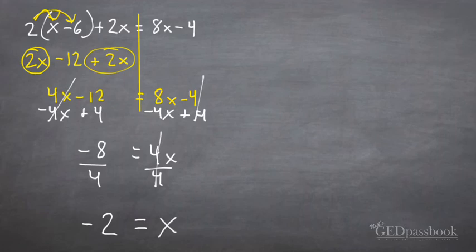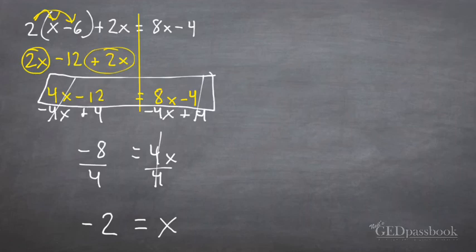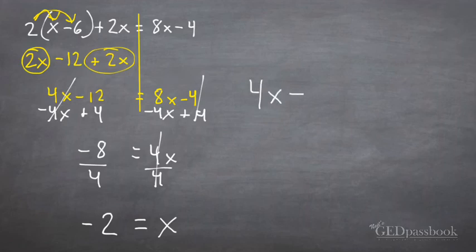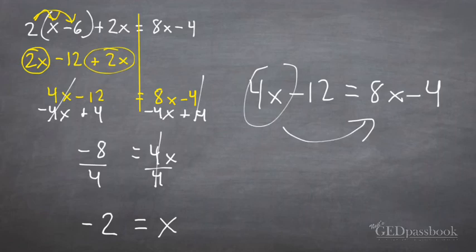You found x. But wait, what if you were one of those students that, when we were looking at our little dilemma of 4x minus 12 equals 8x minus 4, and again, I was the one that said move the 4x over here and then move the negative 4 over there, the Neil exchange.